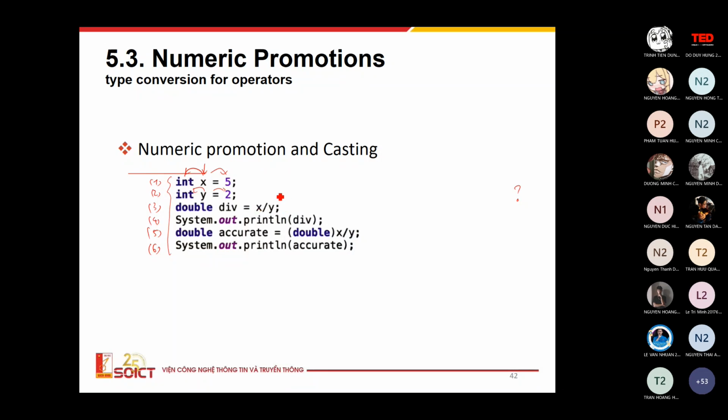And the third line, we take the value of x divided by the value of y and assign it to a variable named div, of type double. Okay. And then after that, can you get the value for div?